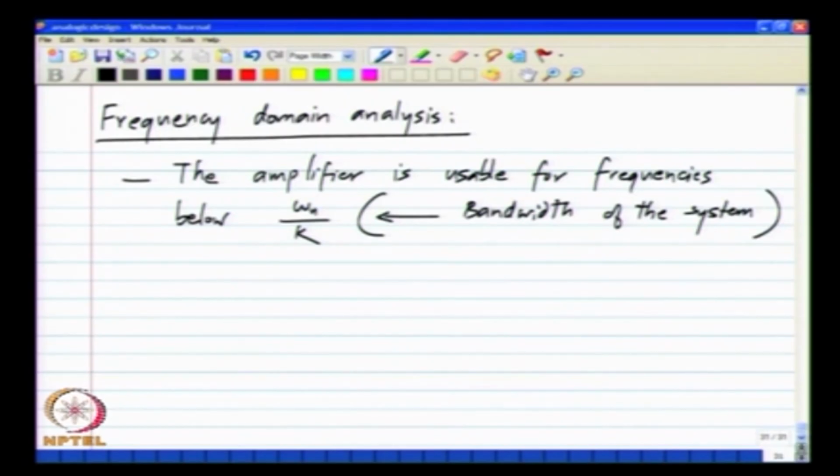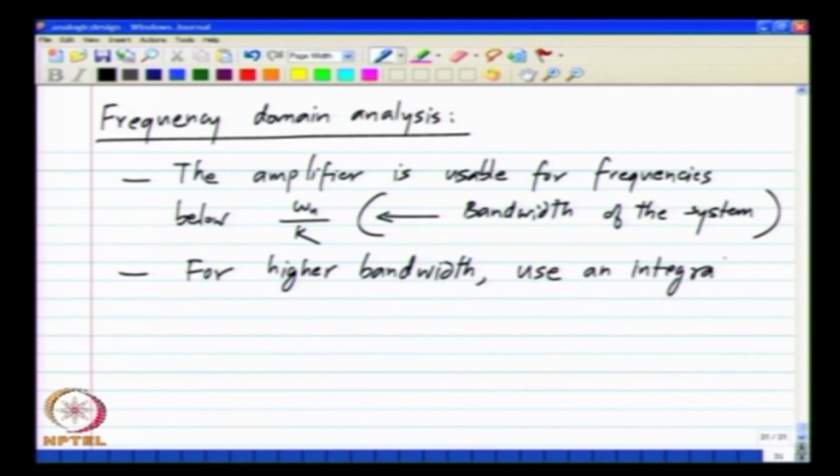Okay. And if you want to make an amplifier with a higher bandwidth, you have to use an integrator with a higher omega u. Okay.